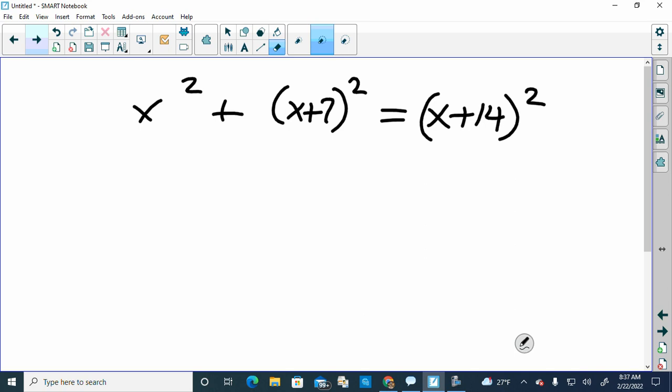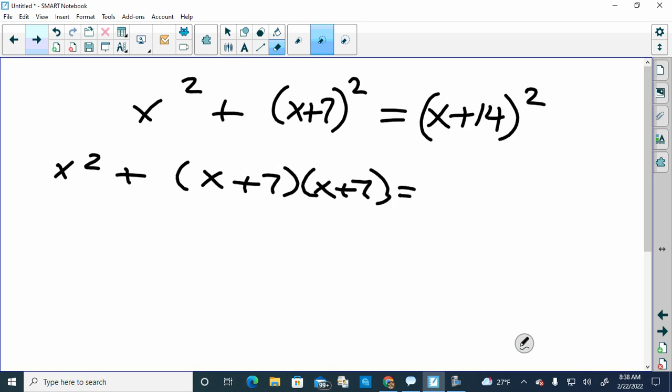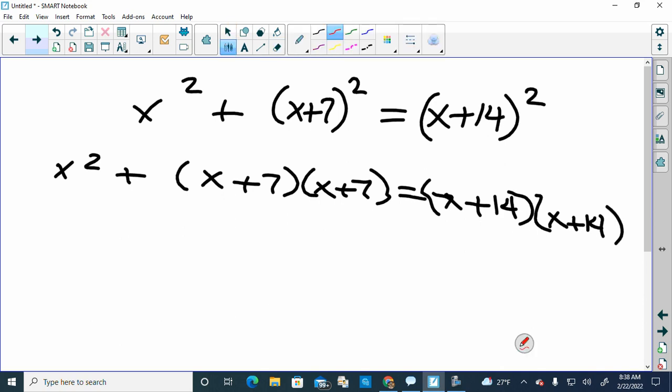Well, that's already squared, so I already know what that one's going to be. Okay. This means I have two of these parentheses. Okay, same thing here. This means I have two of these parentheses. For calculators, I mean, 7, you probably know what it is, but simplifying these down.